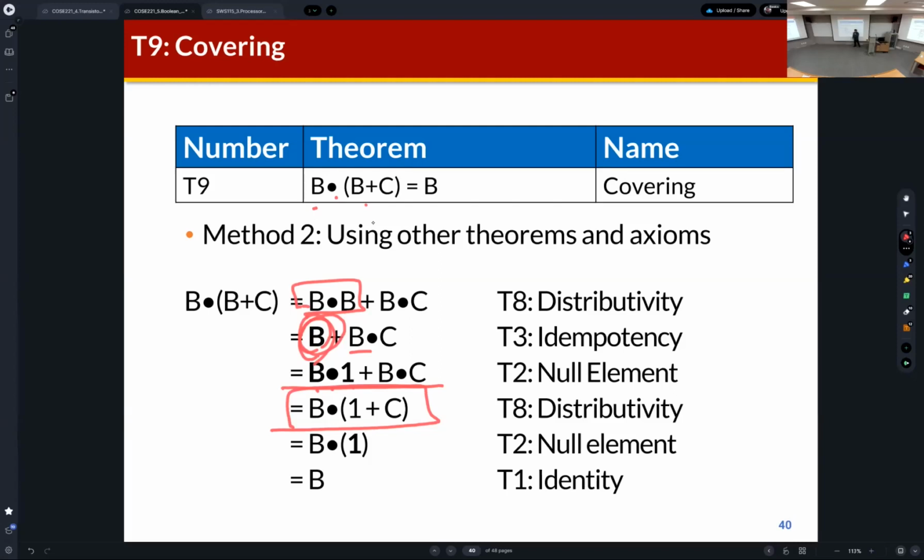And then B and 1 is B. So by using other theorems and other axioms, we can prove this covering theorem. Okay, like this.